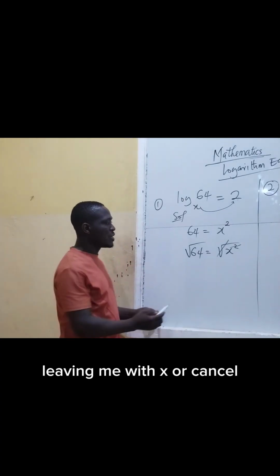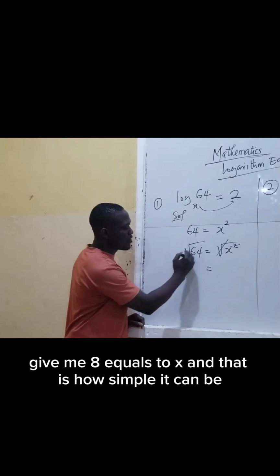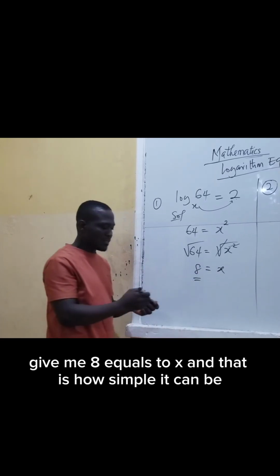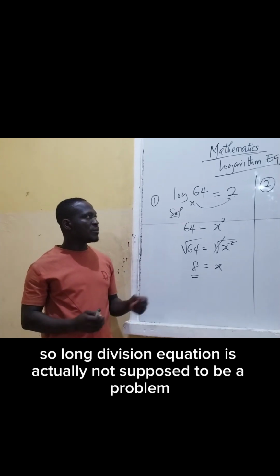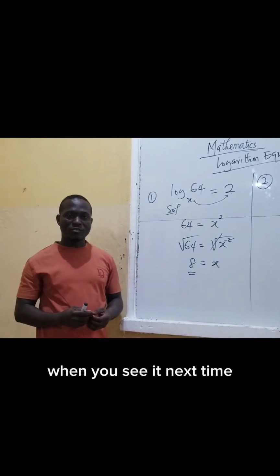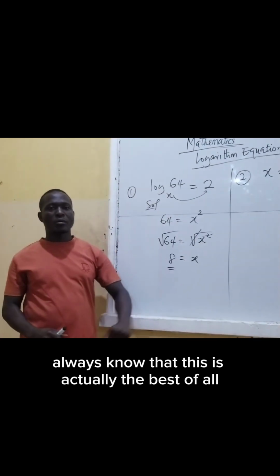Now the square root of 64 will give me 8, so x equals 8, and that is how simple it can be. So a logarithm equation is actually not supposed to be a problem when you see it next time. Always know that this is actually the raised to power.